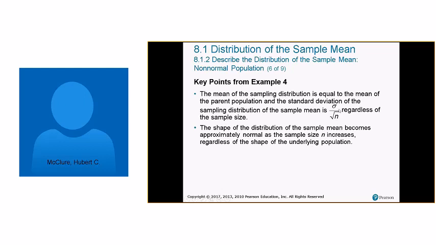And that formula right there, that's the key points from the example for this section, really. So you might want to write down that again, and right here, the shape of the sample means becomes normal as the sample size n increases.